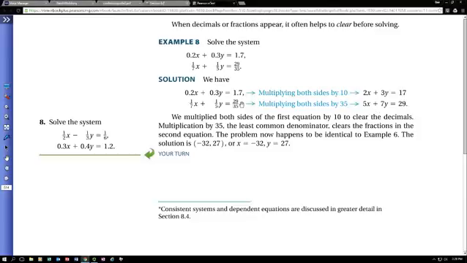But why eliminate fractions was now I can see how to create additive inverses of each other. My goal in using the elimination method is to eliminate one of the variables so I can get a value for that.